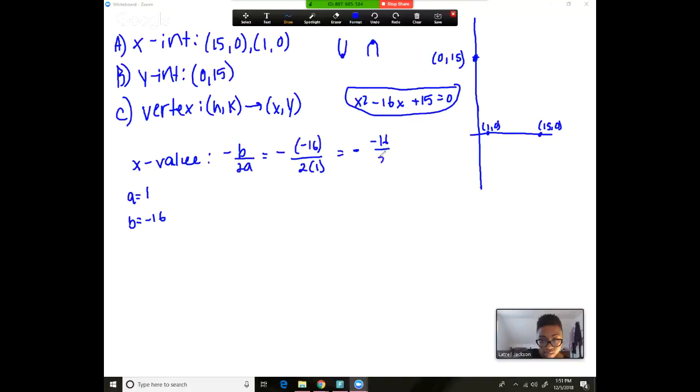Negative 16 divided by 2 is negative 8. And a negative negative 8 is actually positive 8, because this is negative 1 times negative 8, which is a positive. So the x value of the vertex of our quadratic equation is 8.